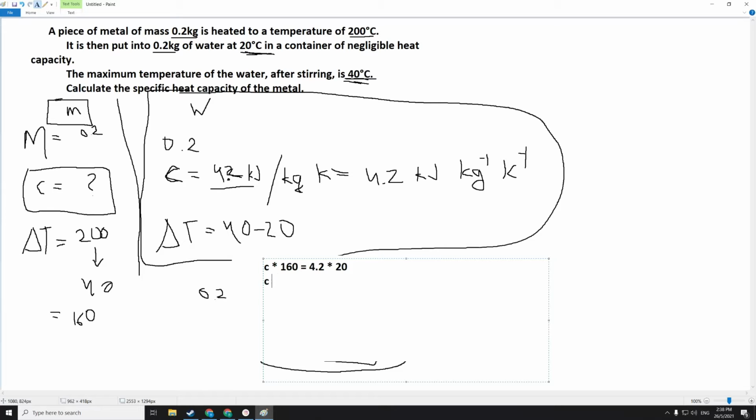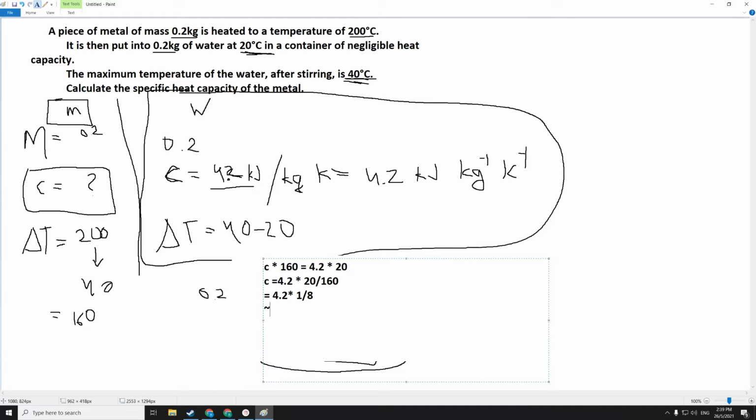And so we have C equals 4.2 times 20 over 160, which we can further simplify into 4.2 times 1 divided by 8. You can obviously stick that into a calculator, but that will give us a value roughly equal to 4 divided by 8.